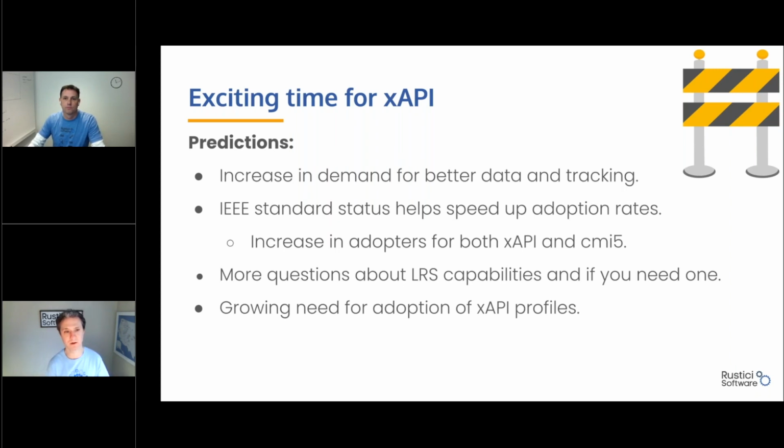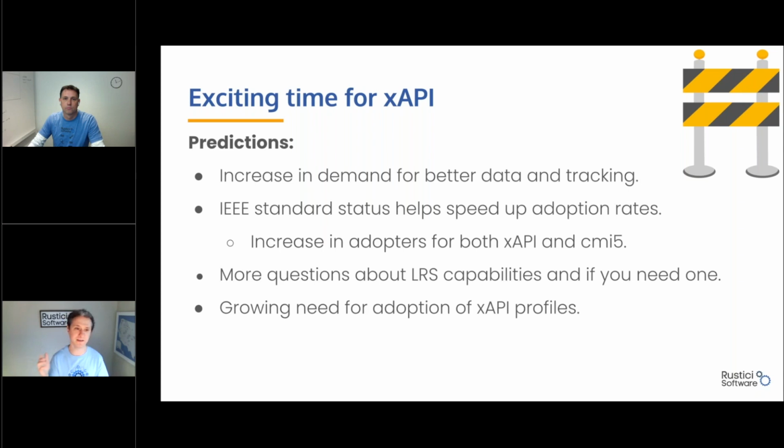I think we're also at the edge of a larger conversation with these standards. In the next 5 years, we are going to have, as a standards community within xAPI, a real discussion around how to properly adopt xAPI profiles. CMI5 is the first real xAPI profile for launching a thing.